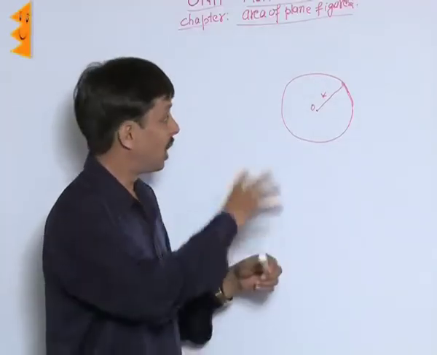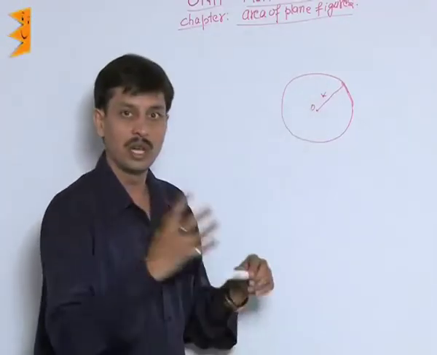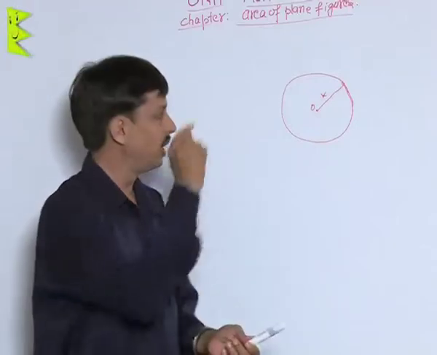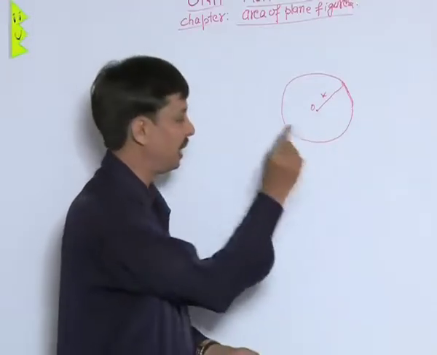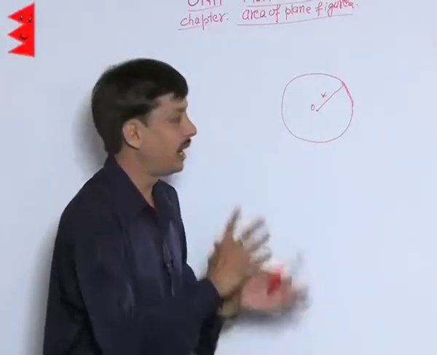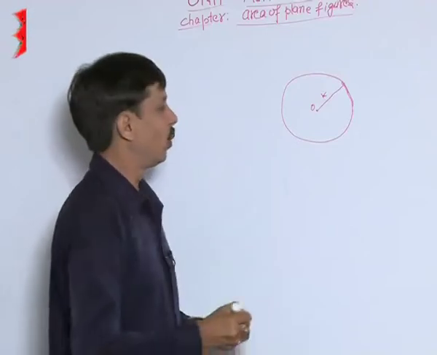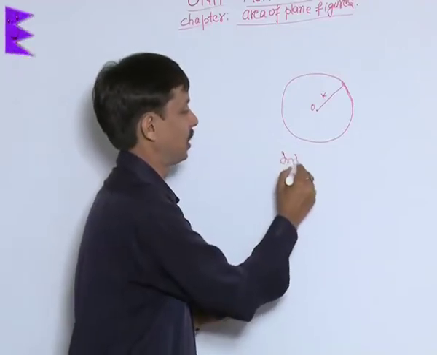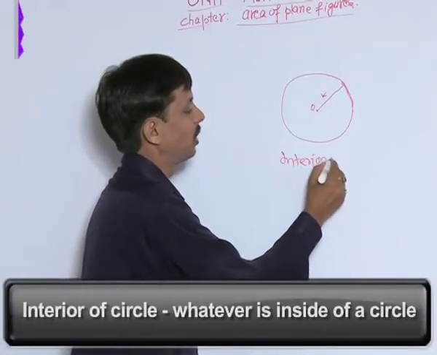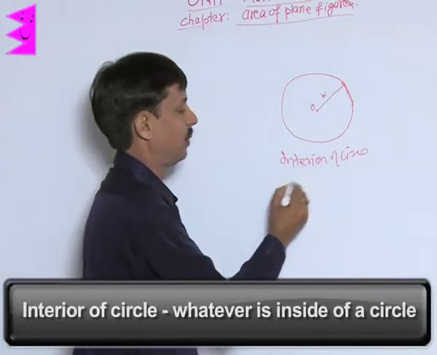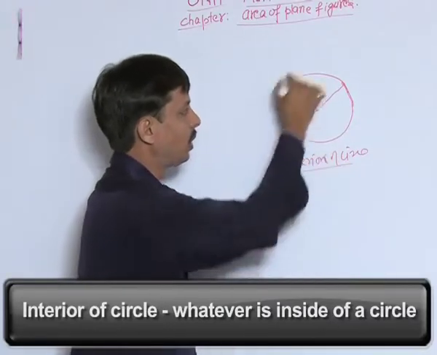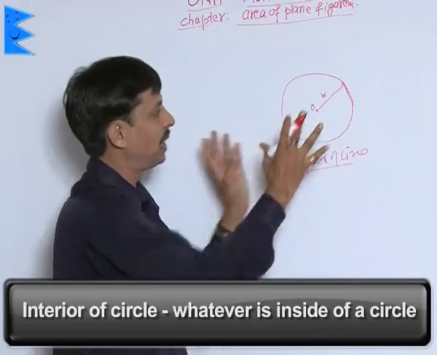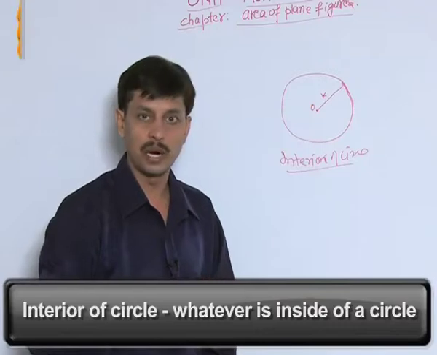After this, I would like to tell you there are three things: A, interior of circle, B, exterior of circle, and C, circular region. What is the interior of circle? Whenever we draw a circle, the plane is separated into two parts.